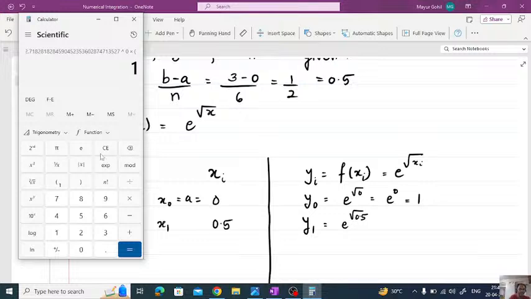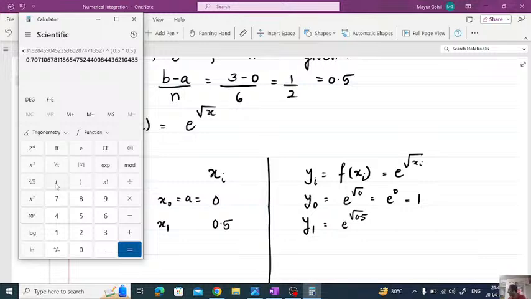Wait a minute. Here it is not working. E power, bracket, 0.5 square root I have to take. So 0.5 square root is, power 0.5. So your answer is 0.07 something.